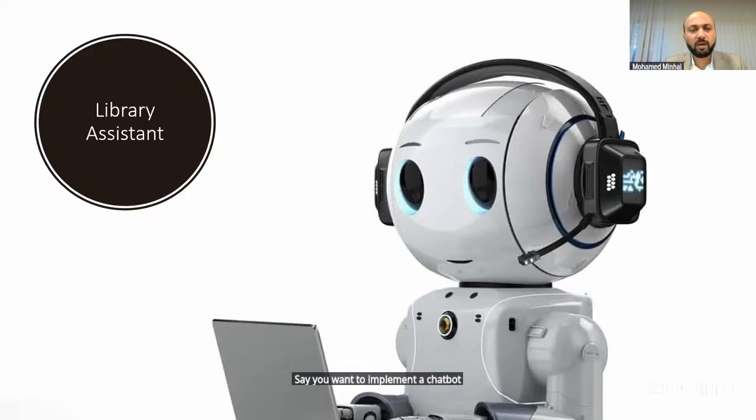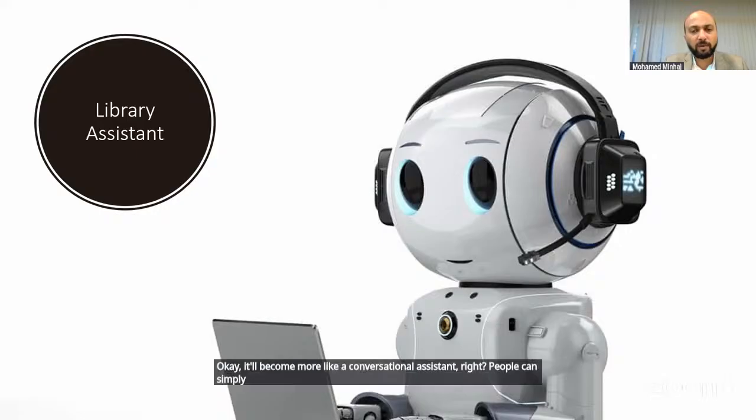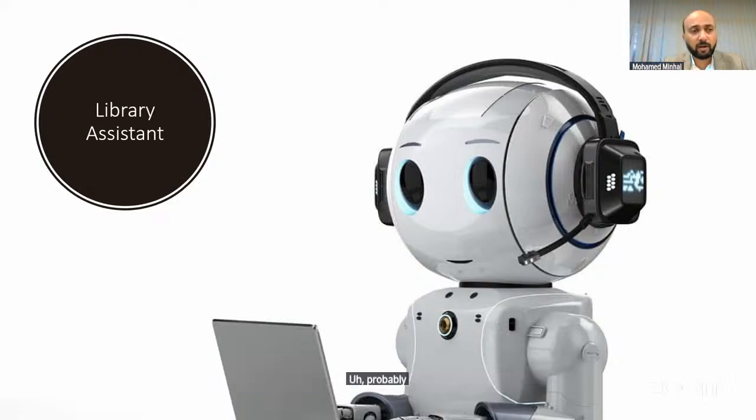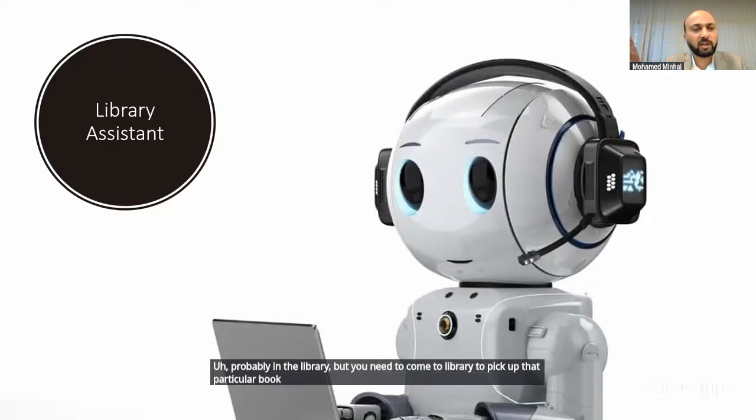How will a chatbot work? Your library website will have a chatbot. It will become more like a conversational assistant. People can simply come, give their requirements, and the chatbot will guide them, telling them that particular information is available in the library, but you need to come to the library to pick up that book, or it's available in a digital collection and you can access it from here.